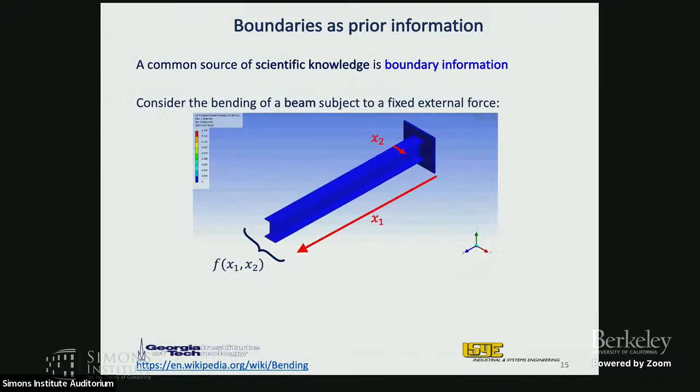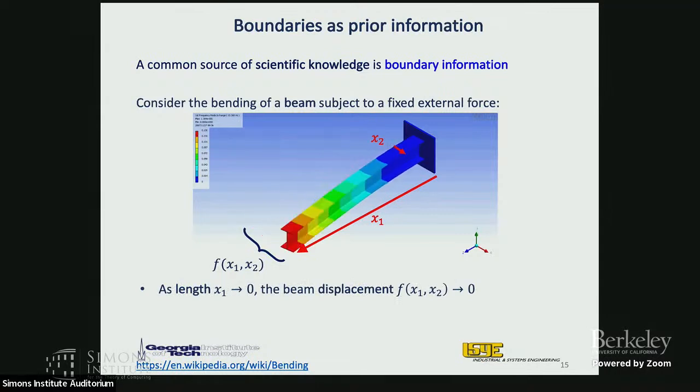Here's another one. This is a beam. Actually, this was used in my other paper with Simon Mak, Roshan, and others. This was more mechanical engineering that we submitted to the Journal of Mechanical Design. So you can see this beam is fastened, say, on the wall, on one side. So you have two variables, x1 and x2. When you try to model that, you can put in some boundary conditions. Why? Because as you know, if the beam becomes really tiny, then the beam displacement will go to 0. That's on the width.